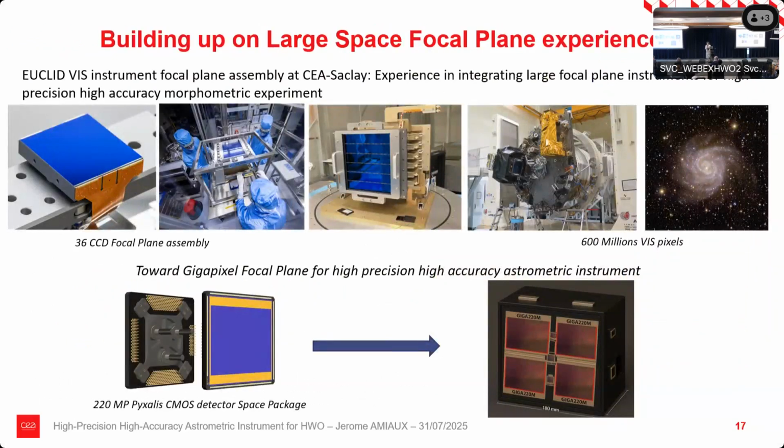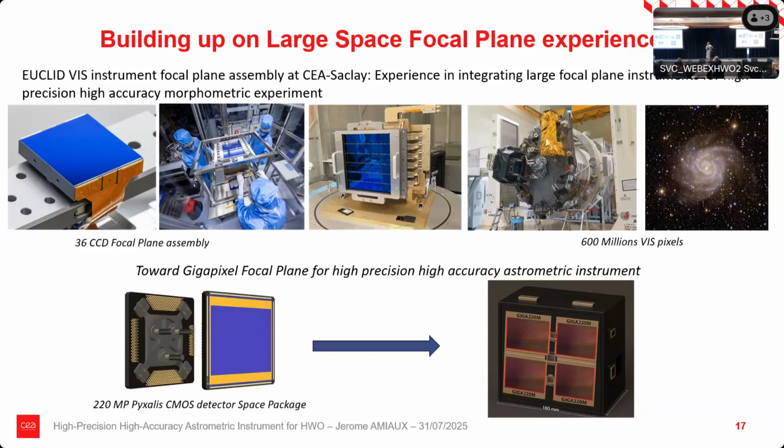This is the development plan and the scheme, as the experience of the assembly of a large focal plane in visible. Since the Saclay Lab assembled the Euclid focal plane, which was made with 46 CCD matrices in a clean room, and then participated in the vacuum test, the vibration test, and all the qualification tests.